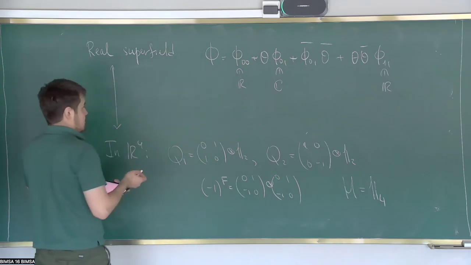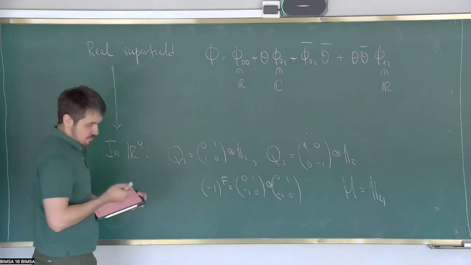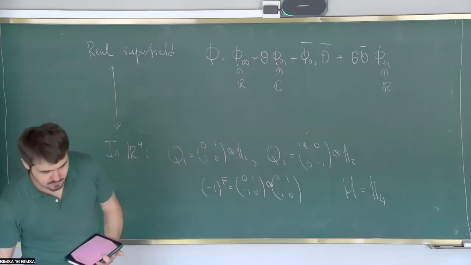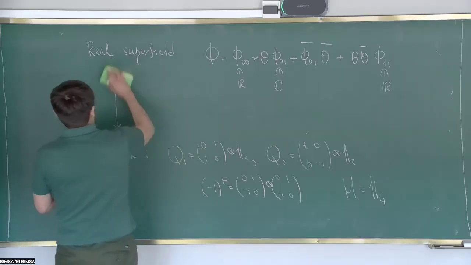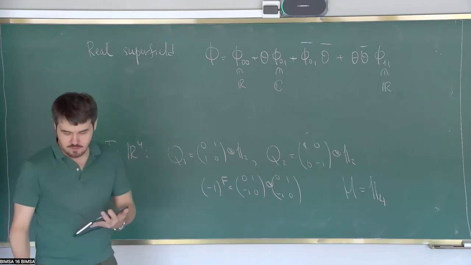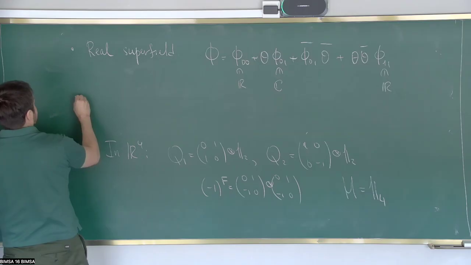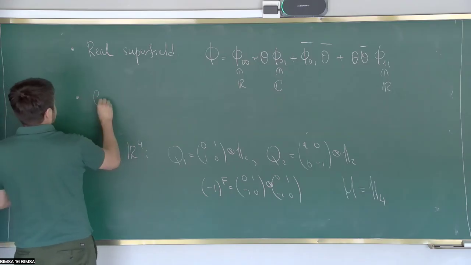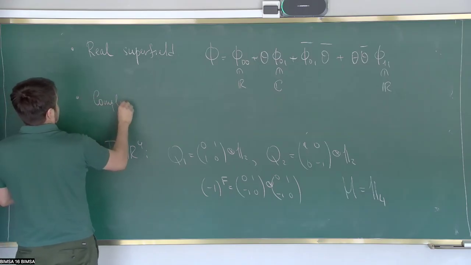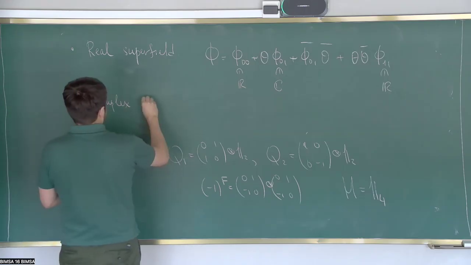So apart from this real superfield, we also have a complex superfield corresponding to the complex two-dimensional representation, what is called a chiral superfield.